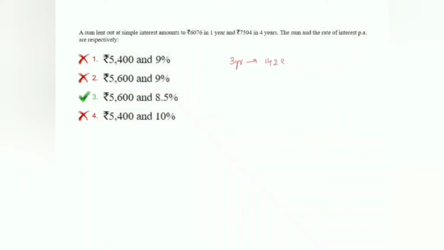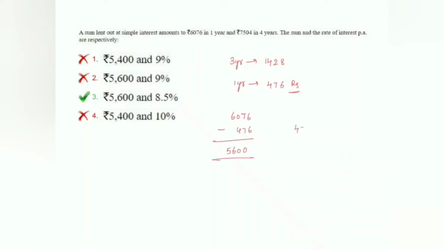You can see that clearly. In 1 year, if you divide it, 476 rupees per year. So if you take out this 476 from 6076, the principal that you have lent out is 5600.